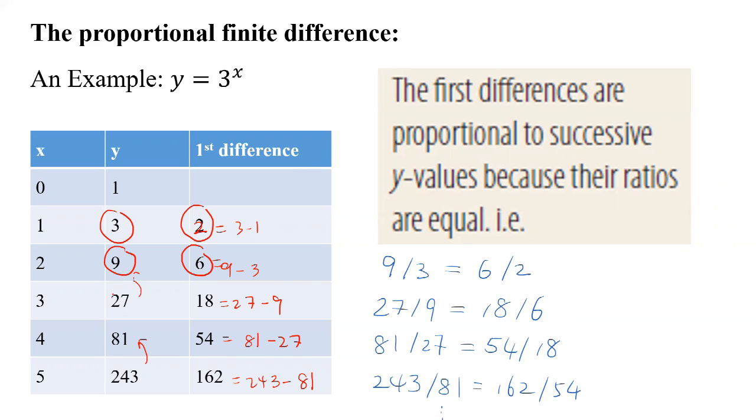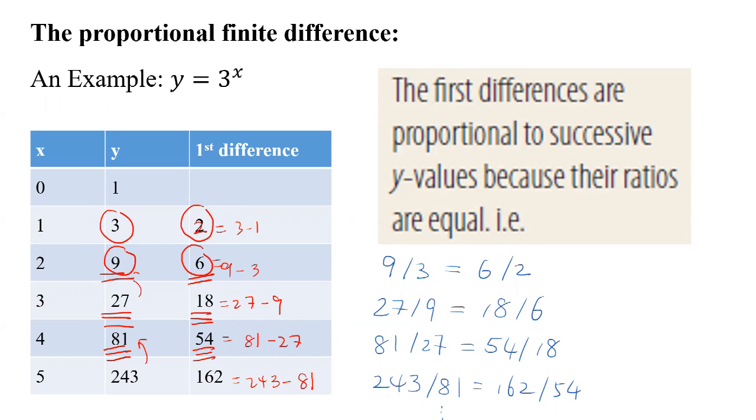For example, 27 over 9 should equal 18 over 6, and also 81 over 27 is equal to 54 over 18, etc. So next time when you see a proportional finite difference, maybe you can consider using an exponential function to model the data.